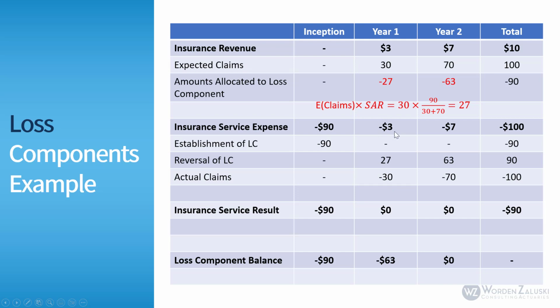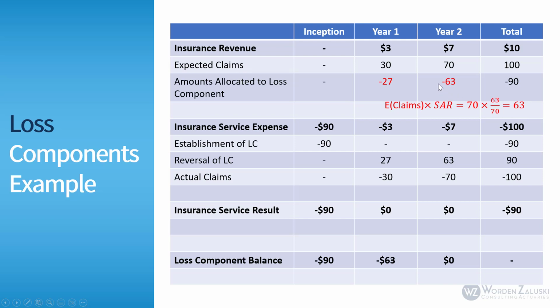In the next period, we do the same thing. Now, we had a $90 balance of our loss component. We amortized 27, so we have $63 left. So if we apply the formula, we have $70 of claims times the prior balance of the loss component, which was now 63, divided by the expected future claims, which is just 70. So now we get $63.